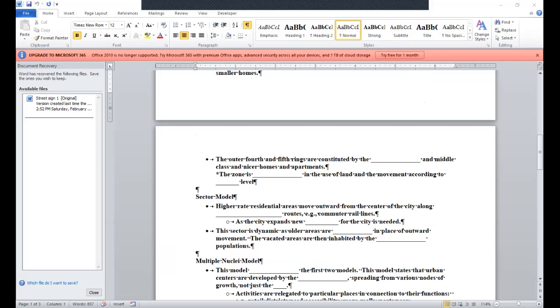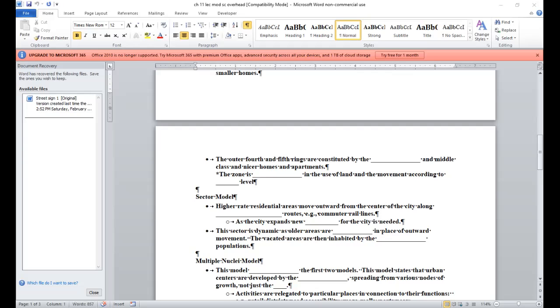The zone is dynamic in the use of land and the movement according to income level. Right? As your income level gets higher, you're more inclined to move away from the city, the city's pollution, its crime.